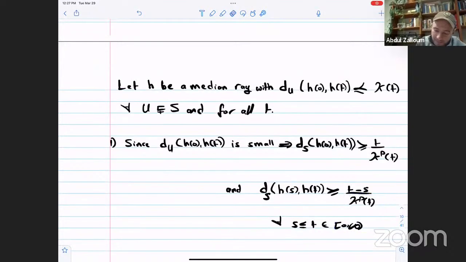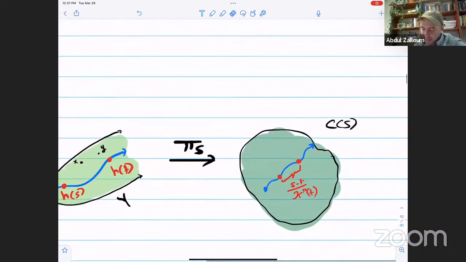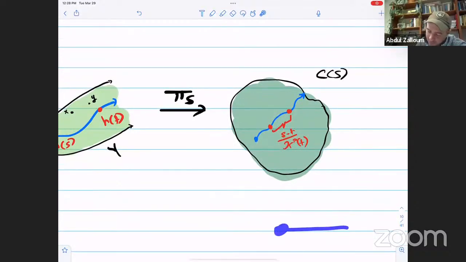So maybe here is a picture that describes what's happening. The assumption was that the distance in each hyperbolic space was small. In each u, it was Morse kappa. You can use that to show that the distance between the corresponding points in the top level curve graph has to be at least t minus s over kappa to the p of t, right?